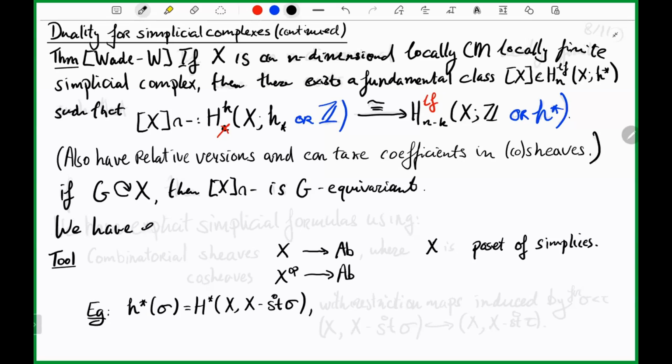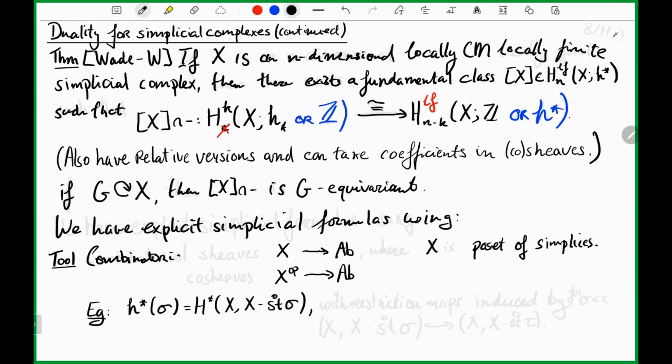So the thing that we were very keen on doing is to make this very explicit. So we have explicit simplicial formulas using the following tools. We use something that is often called combinatorial sheaves in the literature. So what are those? Well, you can take a simplicial complex and view it as a closed set, a category, by taking the partially ordered set of simplices ordered by inclusion.